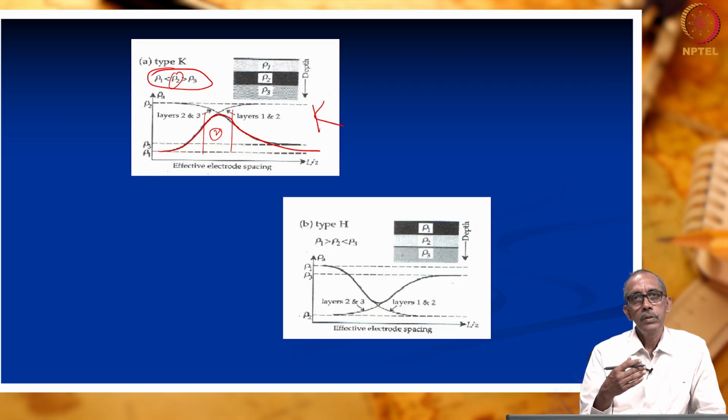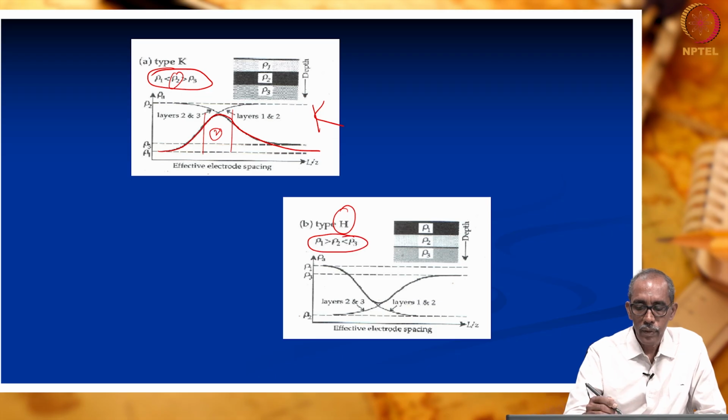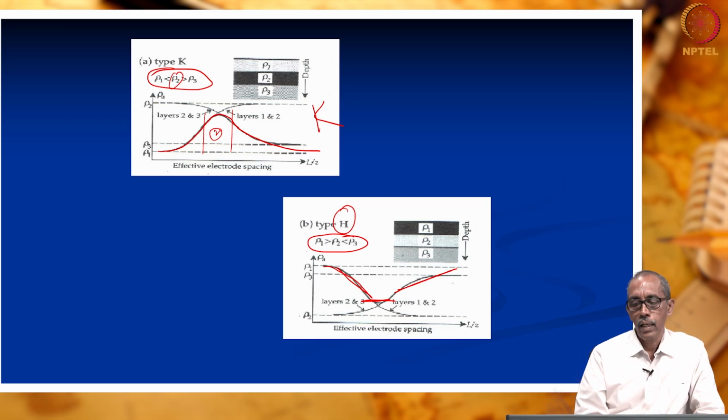If you have a curve just the reverse of K type, it is known as H type curve. In H type curve, the relation is completely different. Layer 1 has higher resistivity, layer 2 has lower resistivity, and layer 3 again has higher resistivity. Such a curve is known as H type curve.